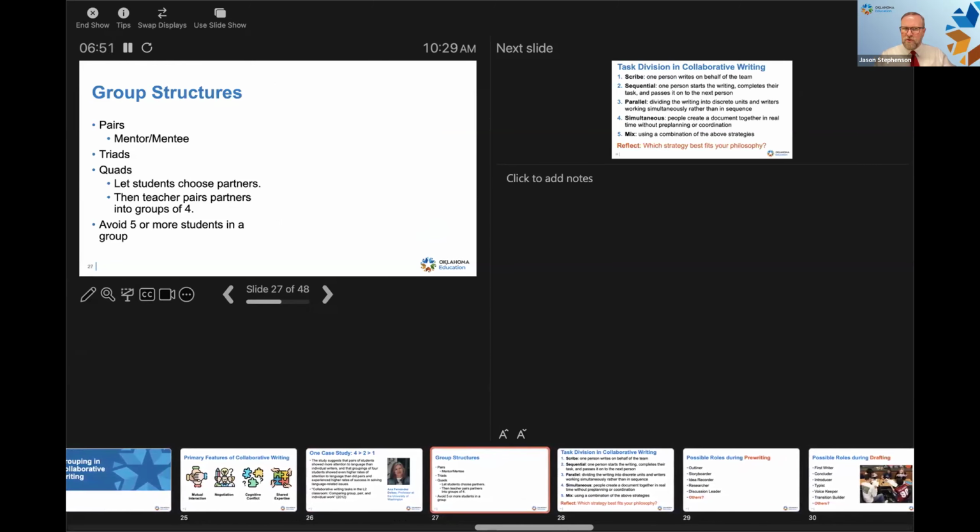So whenever you are structuring this and thinking about what it would look like in your classroom, you might consider grouping students in pairs. You might be tempted to let students choose their own partner, but what you could also consider doing is arranging it so that there's one partner who is a stronger writer, who would be functioning more as a mentor to the other student who would be the mentee and be learning.